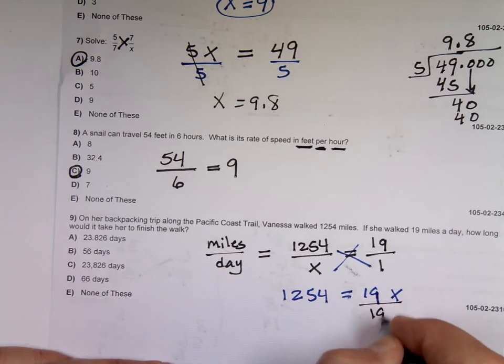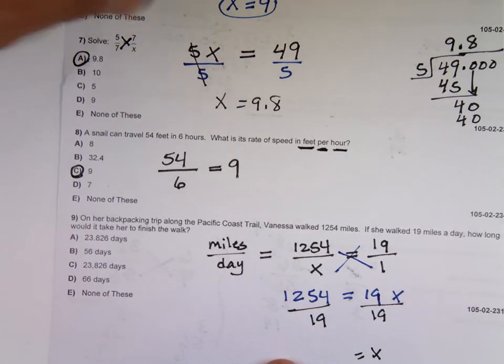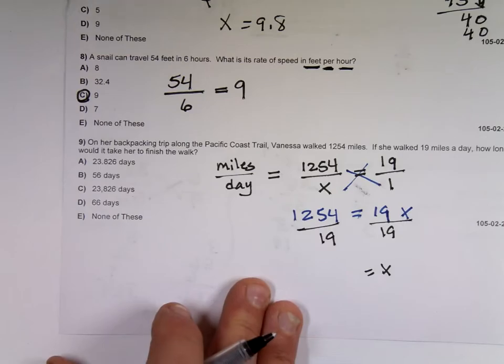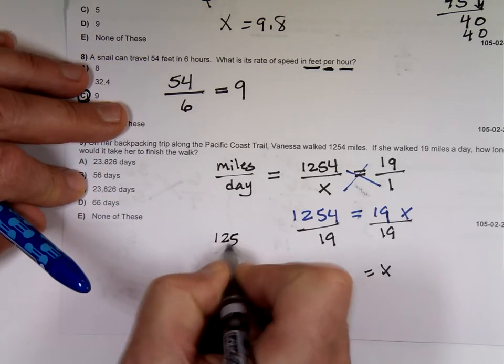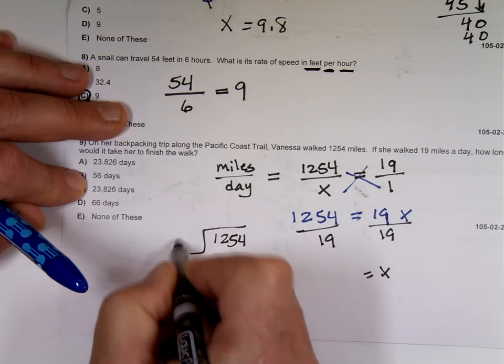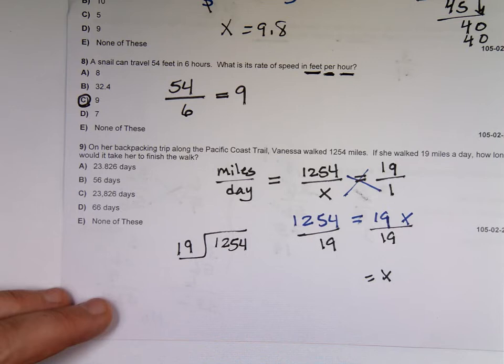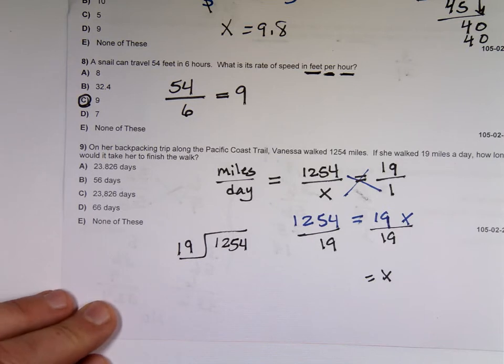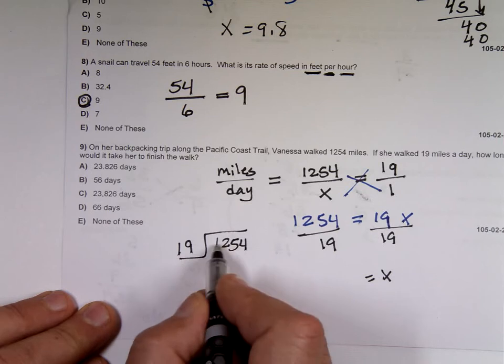19. And let's see what that number is. 1,254 divided by 19. Can we do 1? No. About 12? No. About 125.